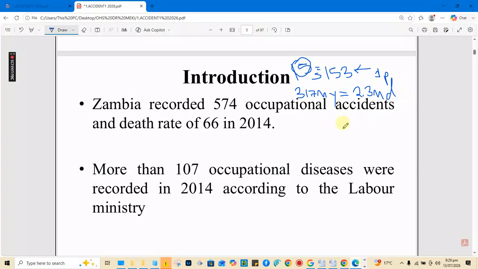And then according to the Zambia Labour Force Survey of 2014, we've established that between 2011 and 2014, that's 3 years, 62,128 man hours were lost.